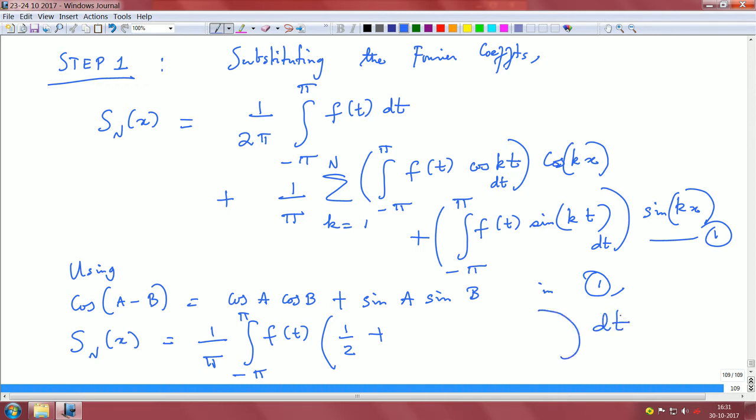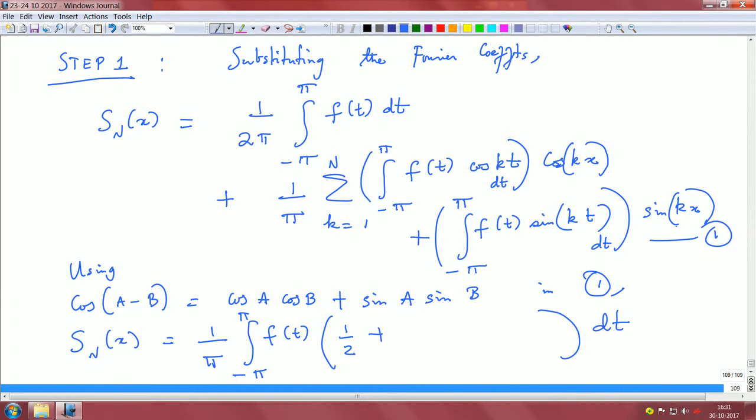Now, I have f of t outside, I can pull this out. I have a cos k t cos k x plus sin k t sin k x, and I can write this as summation k equals 1 to capital N cos k into t minus x.